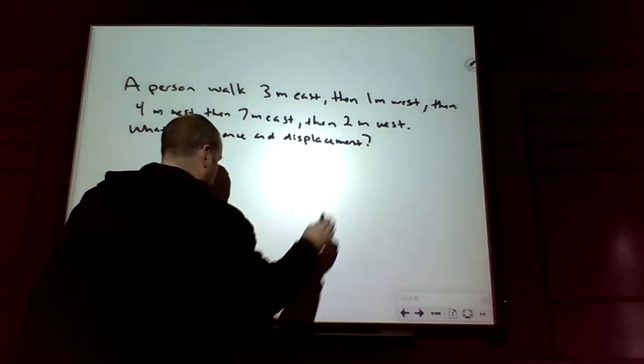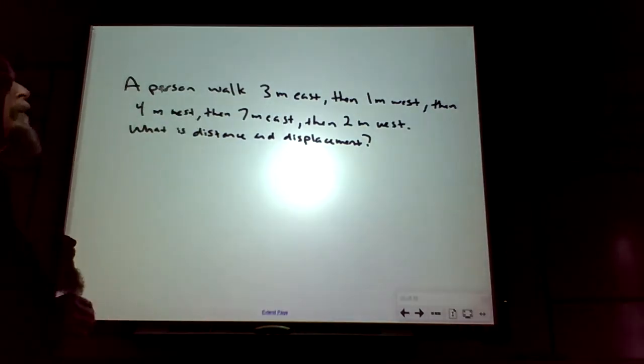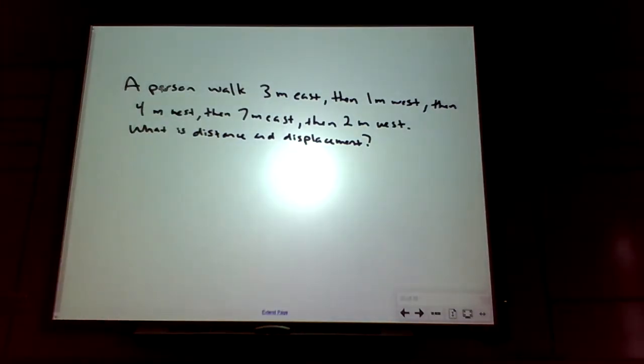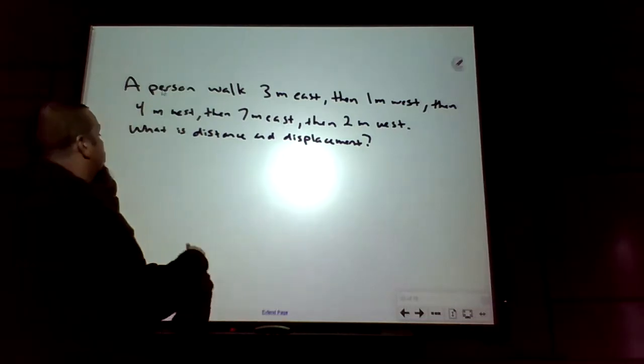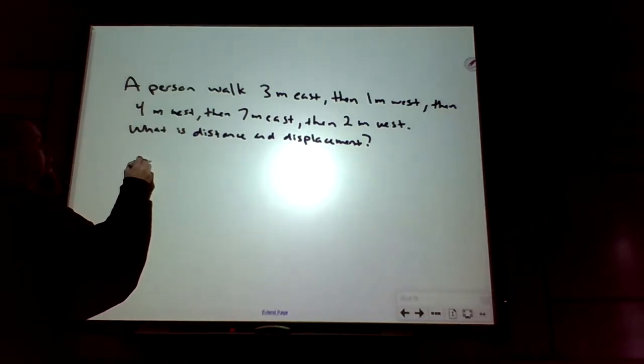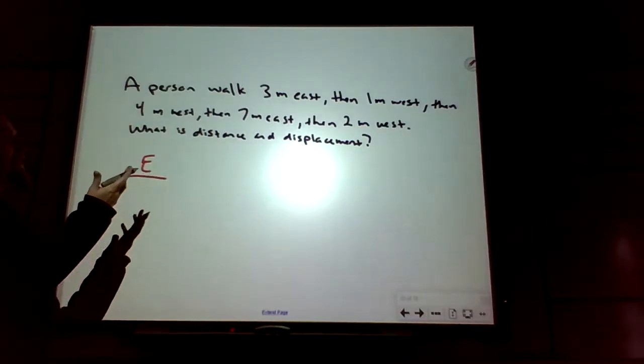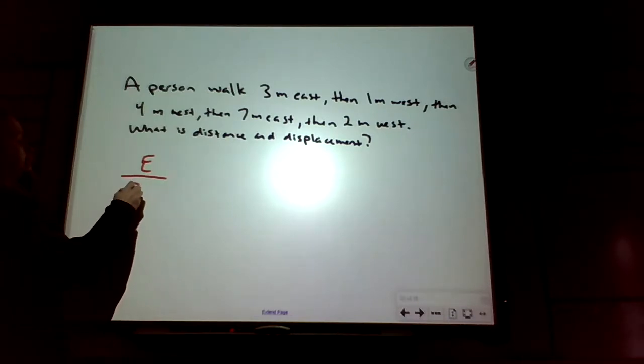In this one, we have several different components to look at. Now, the way it works for us here is it really doesn't matter what order everything is done in. We can actually group things together, simplify things, and then come up with a simpler problem to look at. The way I would start is by getting together all of my components that are in the same direction. So starting with all the east ones, we go 3 meters east.